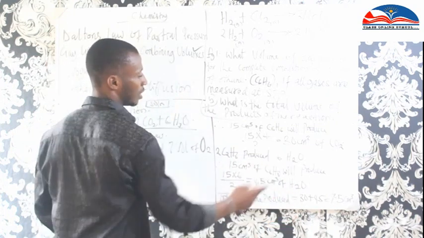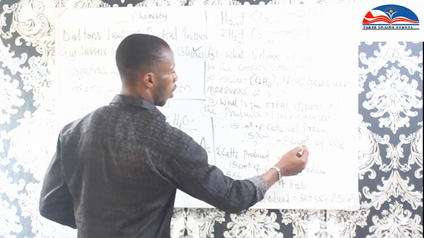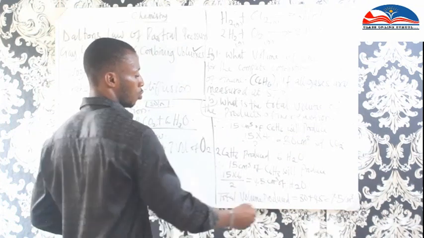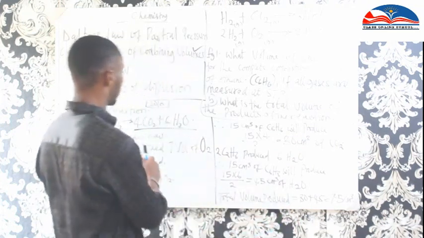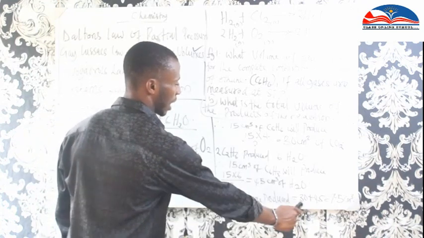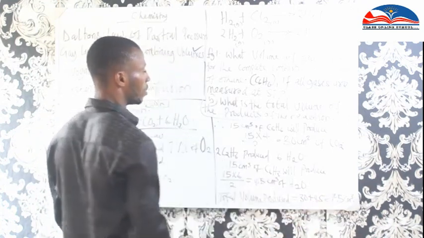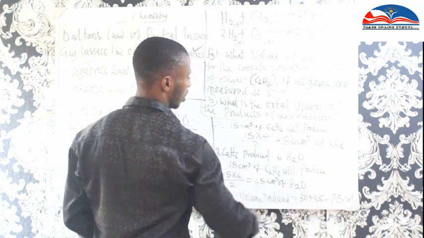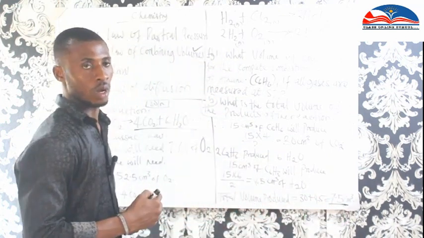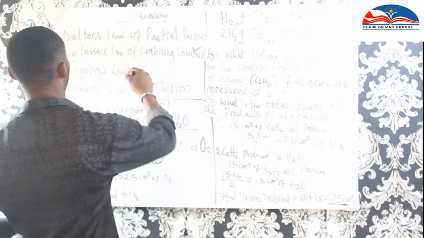Now, you have gotten the volume for carbon dioxide and that of water. We calculated the volume produced at the product side: we have carbon dioxide and water. Now, we calculate 30 plus 45, which gives us 75 centimeter cube. From this, we have answered the second question. Alright, let us go to Avogadro's law.